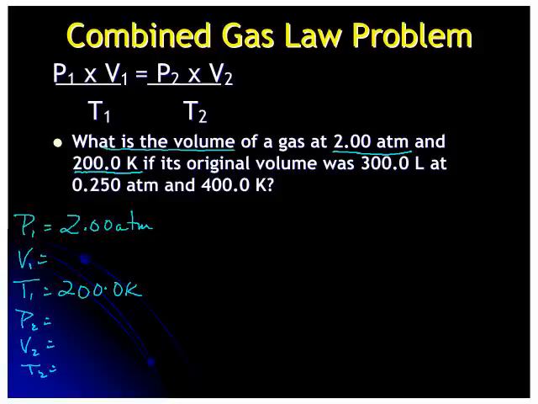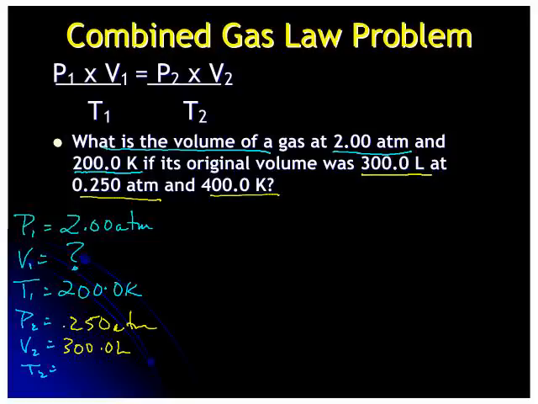And it's asking what's the volume of the gas when we're looking at those two numbers. So if we read the rest of the problem, it says the original volume was 300 liters. So there's 300 liters at 0.250 atm and 400.0 Kelvin. Okay, so that's our problem there.